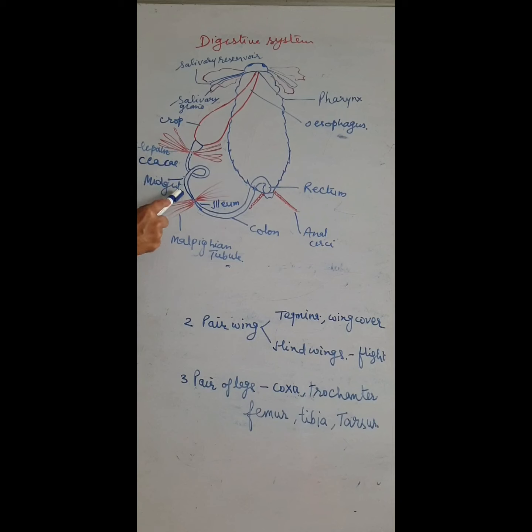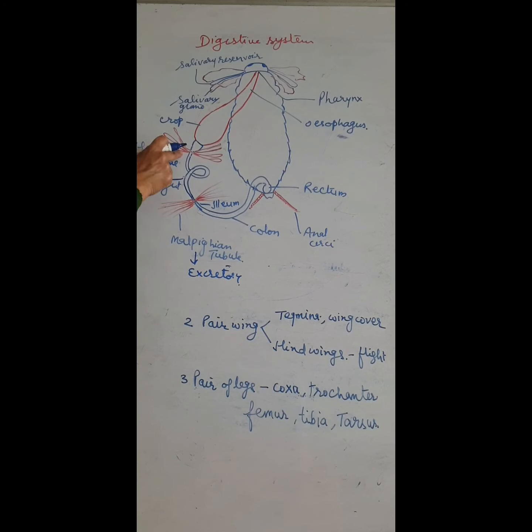And here the midgut is there, and the Malpighian tubules. At the junction of midgut and hindgut, there are 100 to 150 yellow filamentous Malpighian tubules that are excretory in nature and help in excretion.